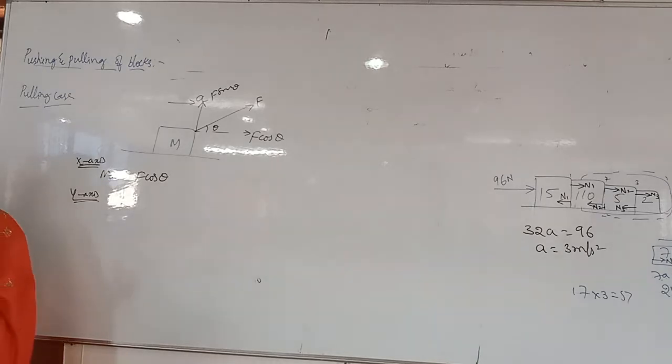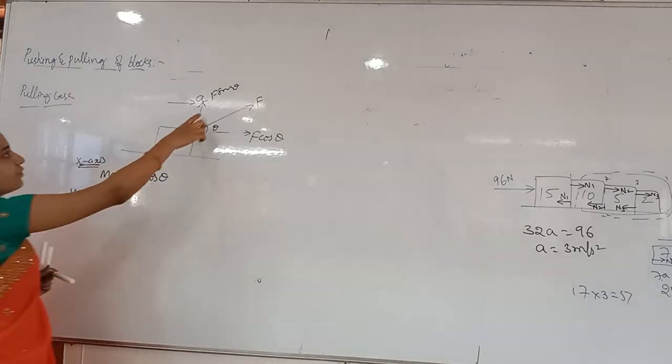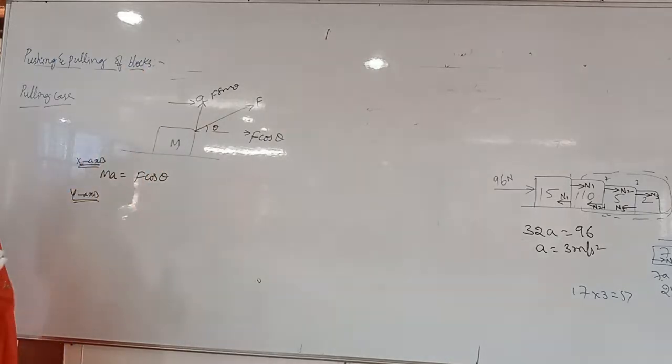How many forces are acting in the vertical direction? First of all, tell me. What about the normal reaction? Yes, normal reaction is also acting, right? So normal reaction N is acting, and downwards mg, and also force component F sin theta is acting.